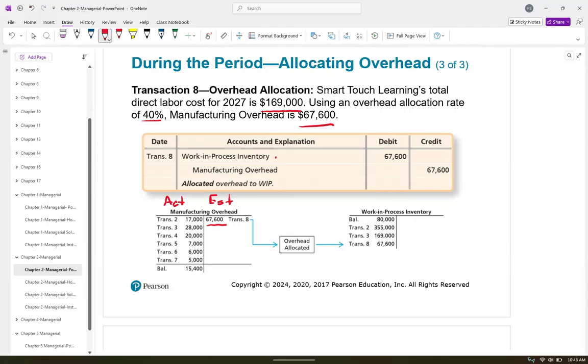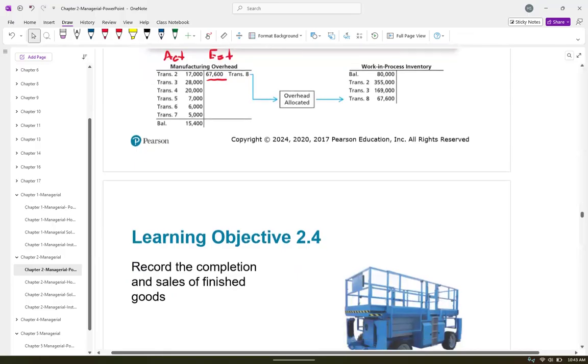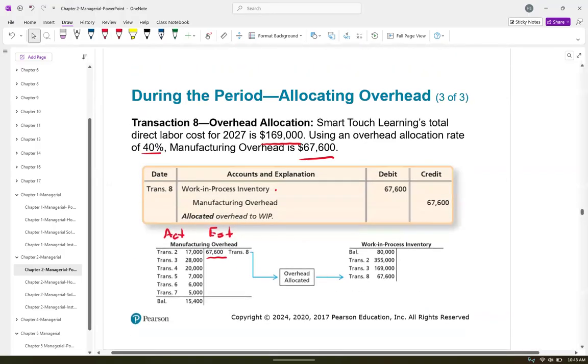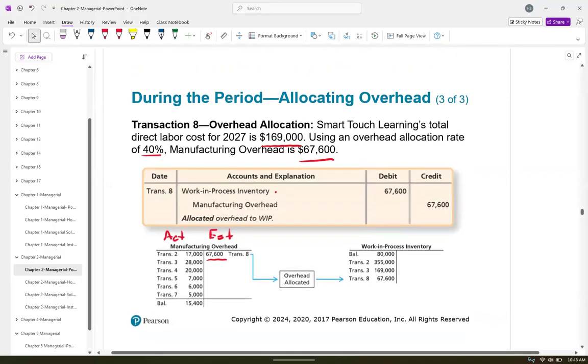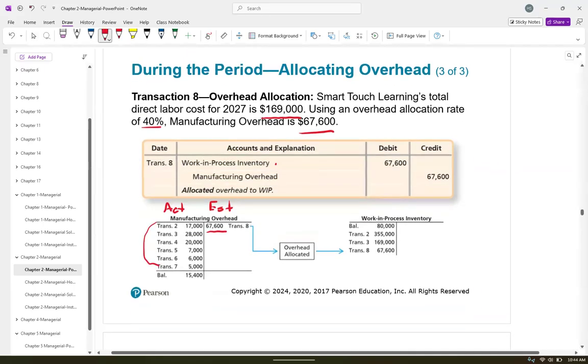We're going to find out towards the end of this period, which they are going to pick up in the next learning objective. But just real quick before we leave this one, you can see we had all these actual expenses. We only applied 67,600. So we end up with a balance on the debit side, which means we are under allocated. If we'd had a balance on this other side, we would have been over.